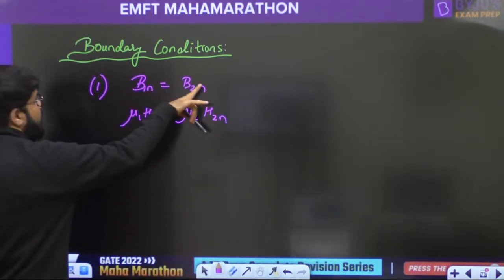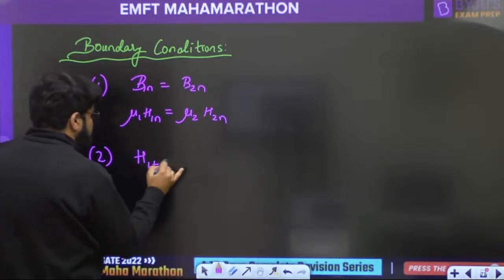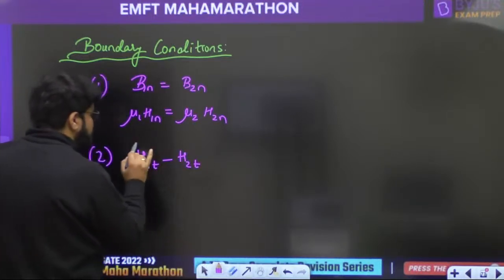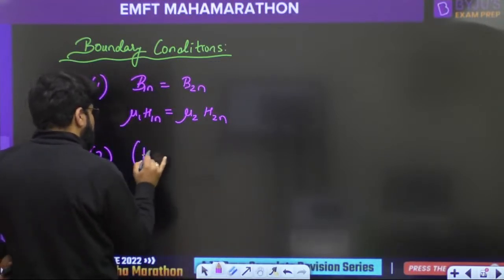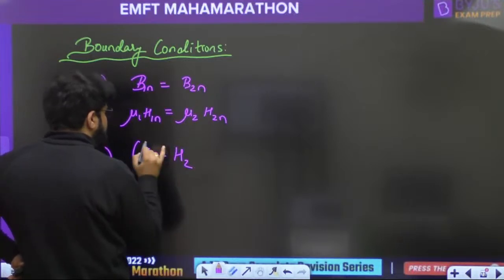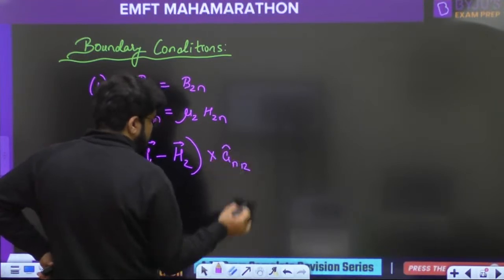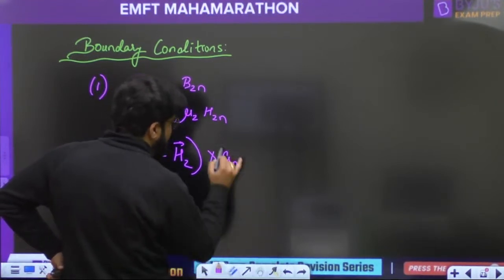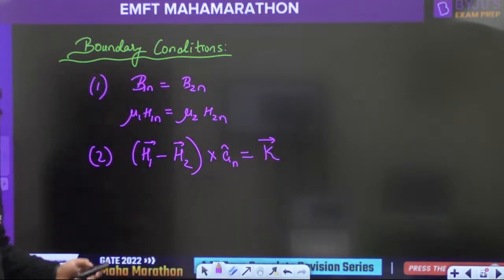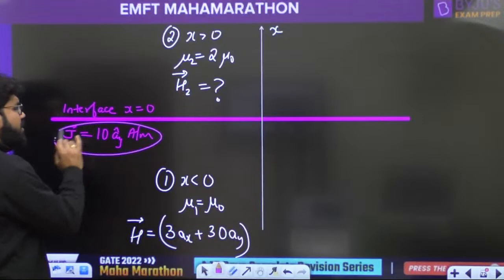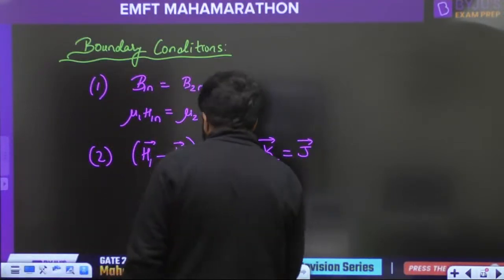The normal component of magnetic flux density is continuous across the boundary. Second, H1 minus H2 cross AN12, or simply AN, is equal to K. K is known as the interface current density. Call it K or J, whatever you want.